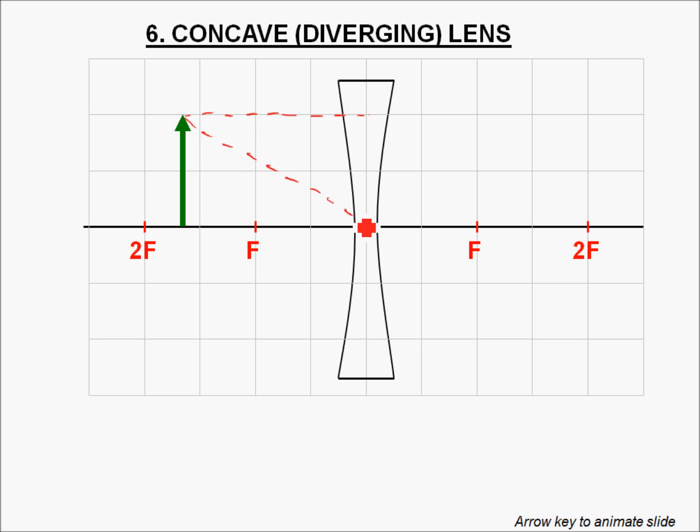It's true that the line through the middle carries on like so, but because it's a diverging lens, rather than converging in towards this focus, it would actually diverge out away from that focus in such a way that it would pass through this point here, and again we'd get a virtual image formed here.